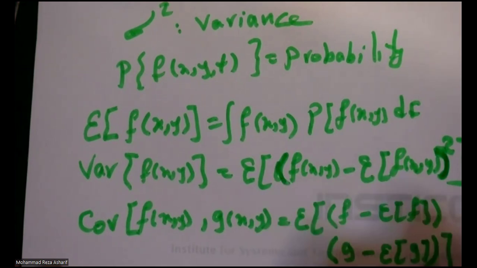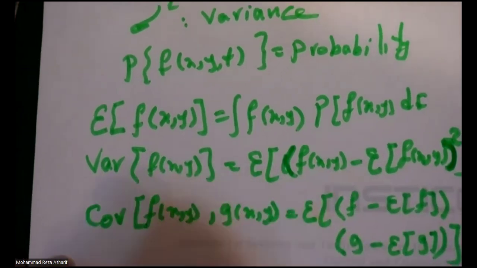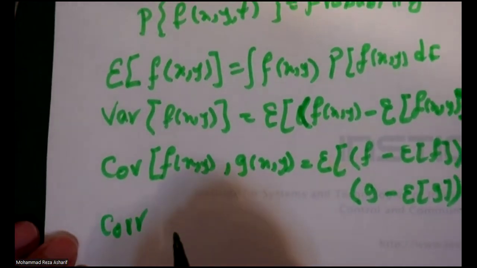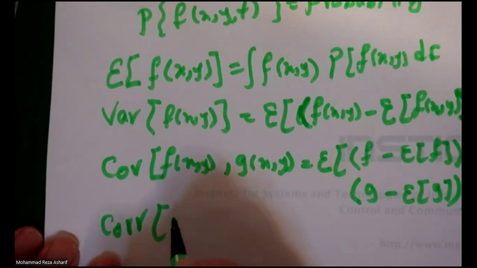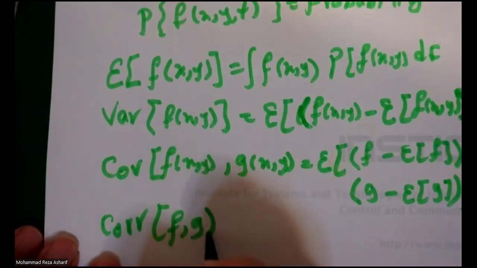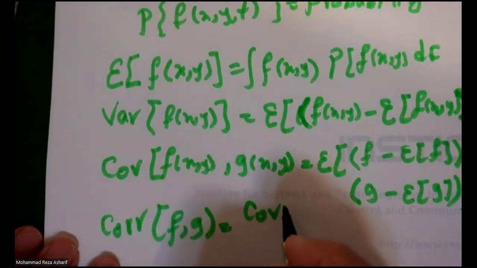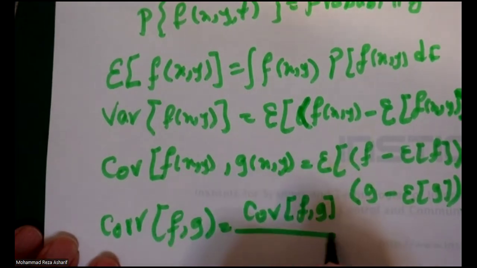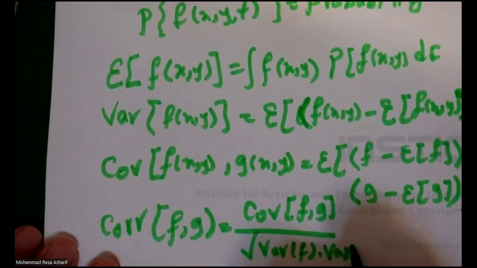And the correlation of f and g is the covariance of f and g divided by the root of the variance of f multiplied by the variance of g.